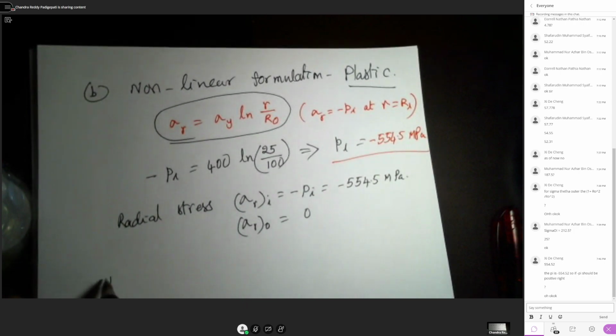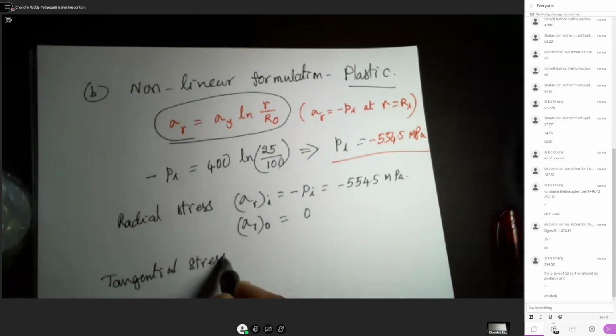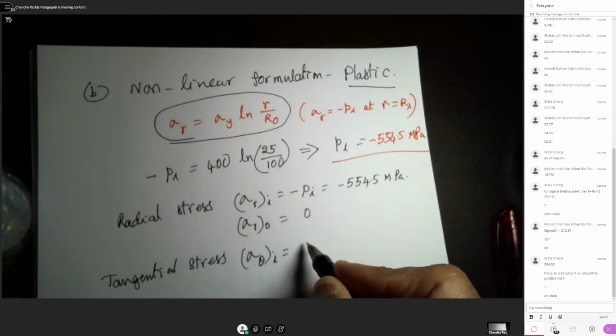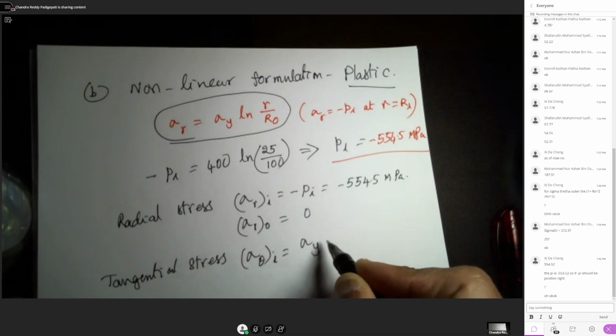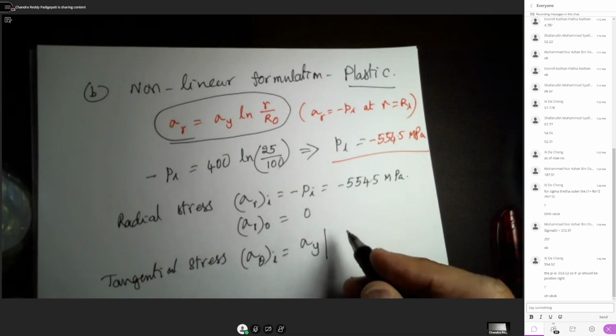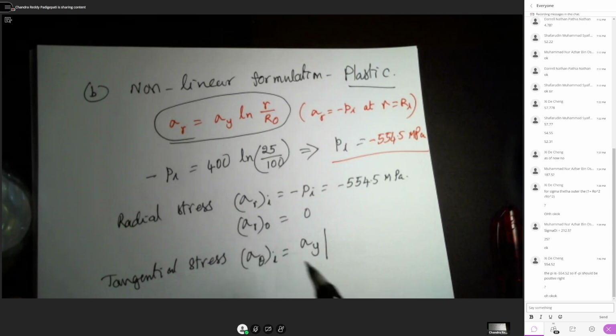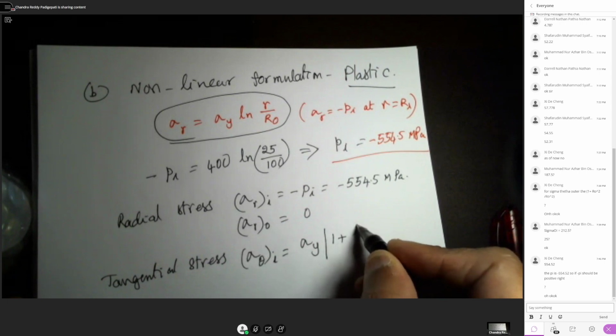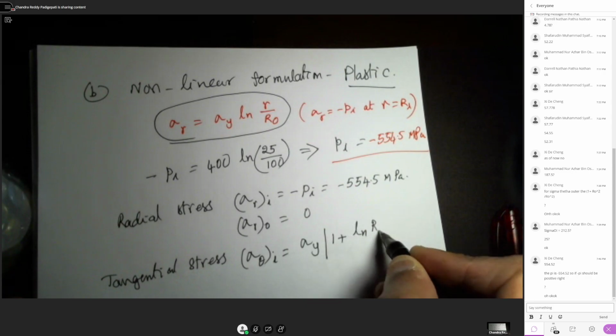Then we can calculate the tangential stress. For sigma theta at the inner radius, you can refer to the formula for the plastic formulation: sigma y into 1 plus ln Ri over Ro.